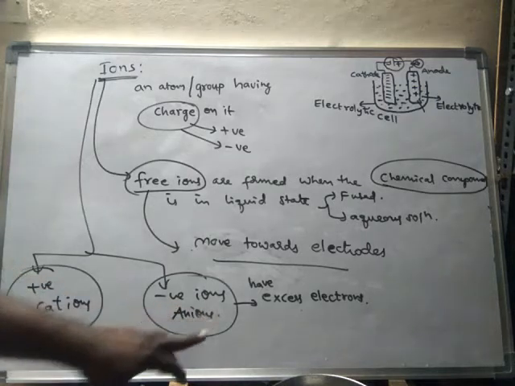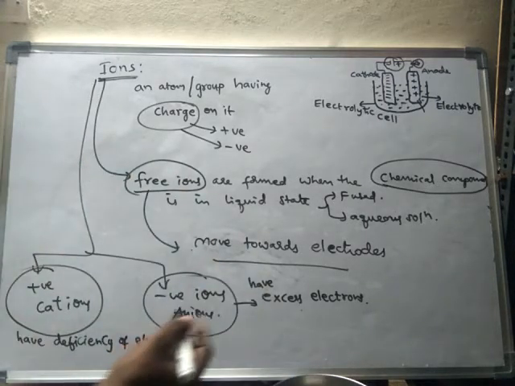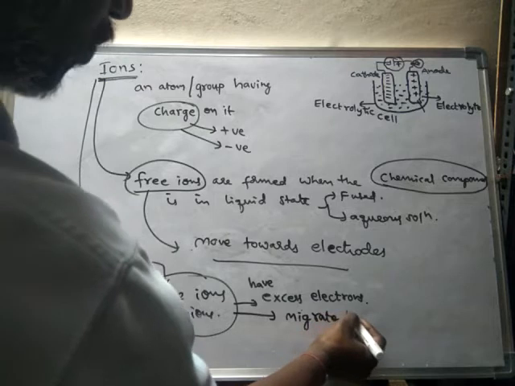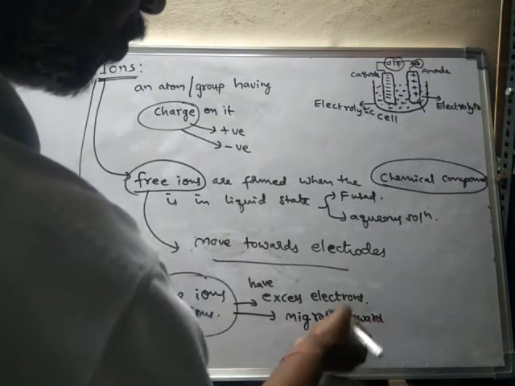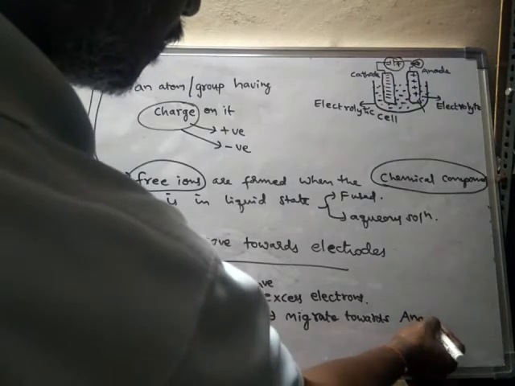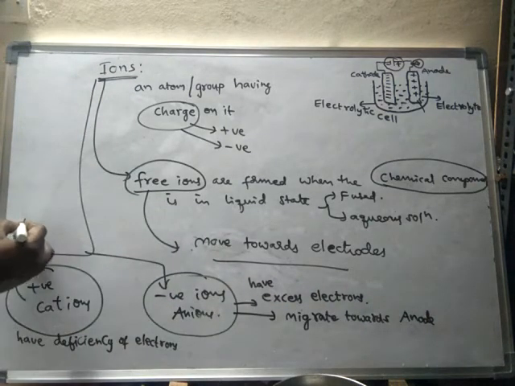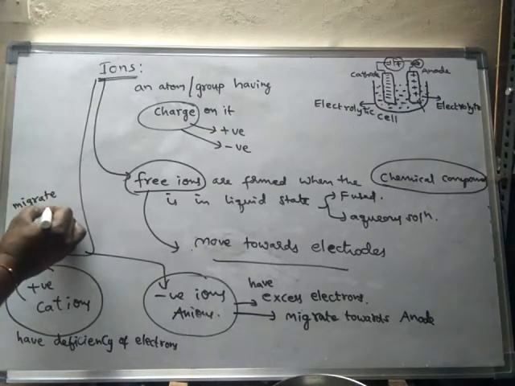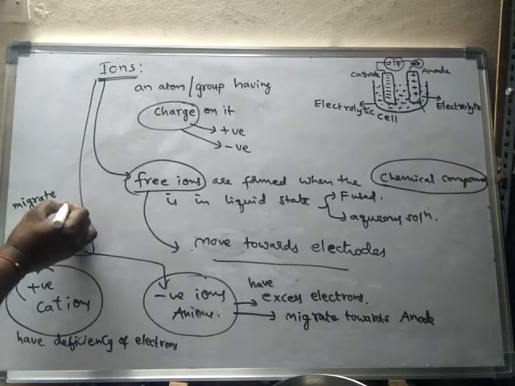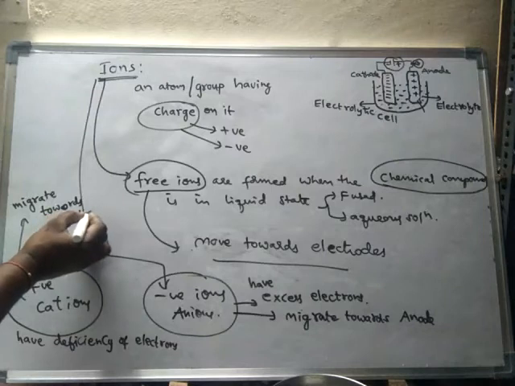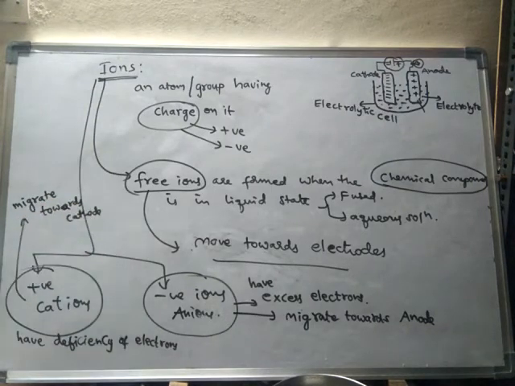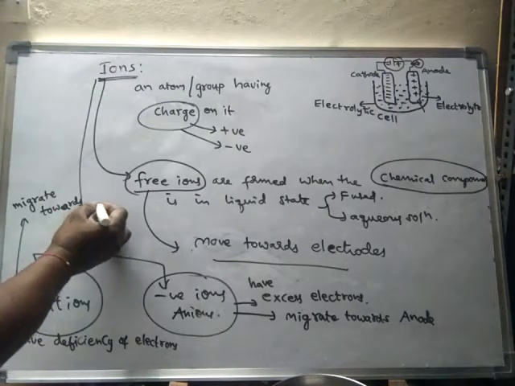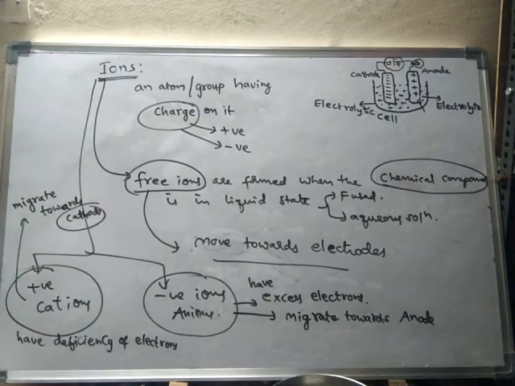These anions will migrate, that is move, towards the anode, whereas cations will migrate towards the cathode. This is because the cathode is a negative electrode, so cations will move towards the cathode.